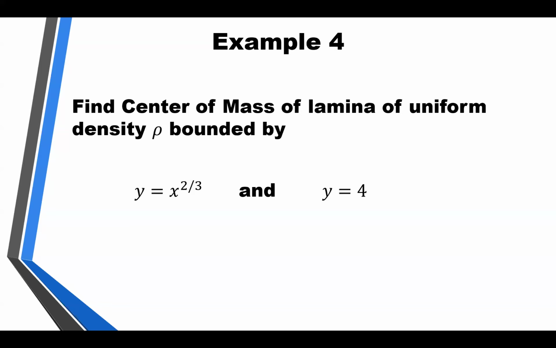Let's do another one. Let's take example 4. Here we have two curves, y equals x to the 2/3 power and y equals 4. We're going to find the closed bounded region that these two create and then find the center of mass of that region.